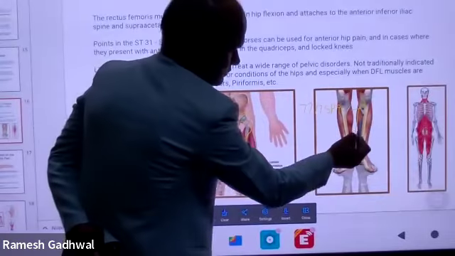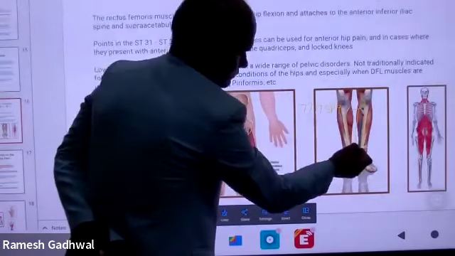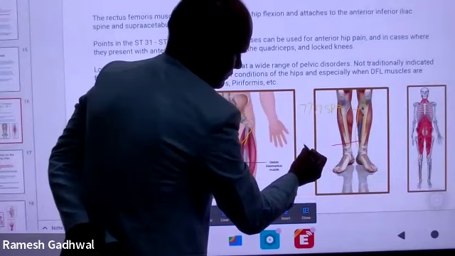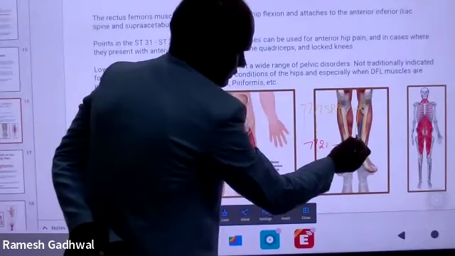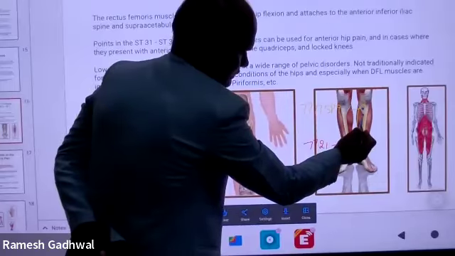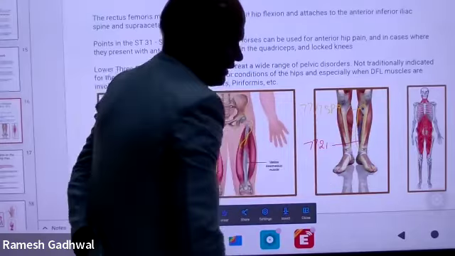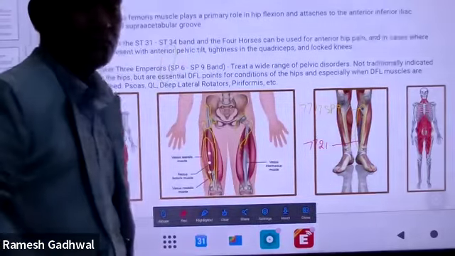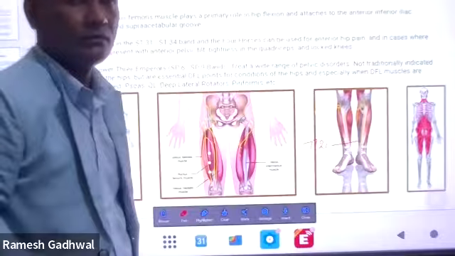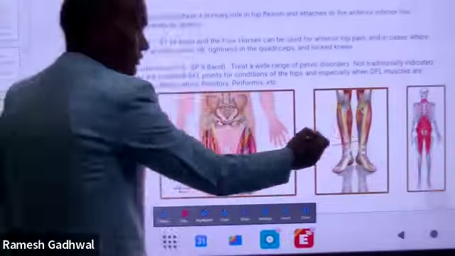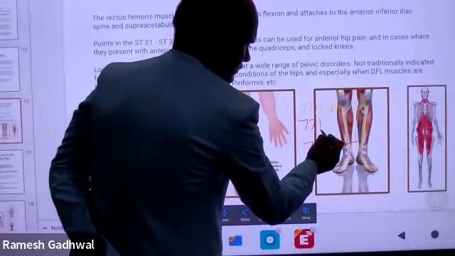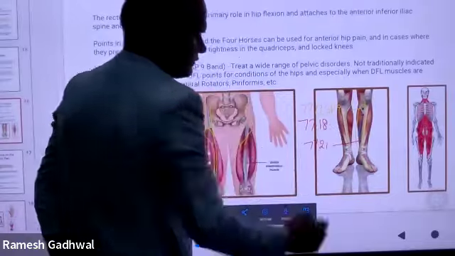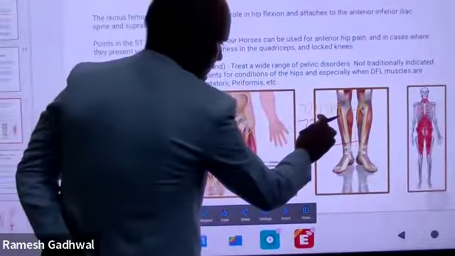Then SP6, 77.21. And the middle of this, SP8, equal to 77.18. Oh, sorry, 19.